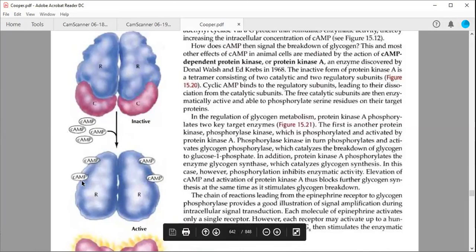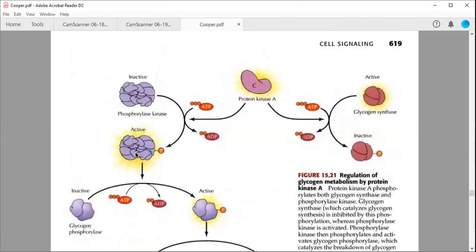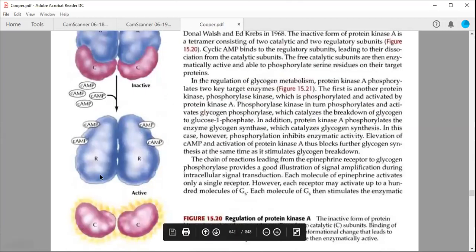Each regulatory subunit binds two cyclic AMP molecules, so that a conformational change happens in the regulatory subunits and the affinity for the catalytic subunit is reduced, so the catalytic subunit dissociates from the regulatory subunits. Now, the question is, after dissociation, what will happen? It will be activated. This protein kinase A catalytic subunit dissociates, and now this is called activated protein kinase A.